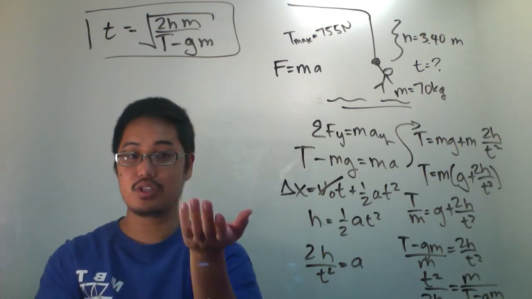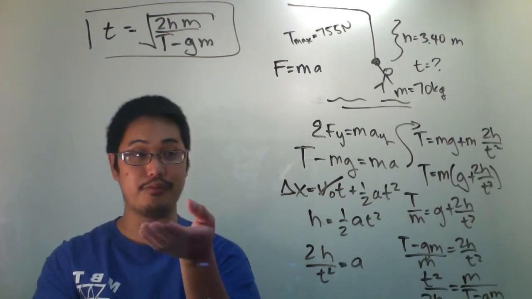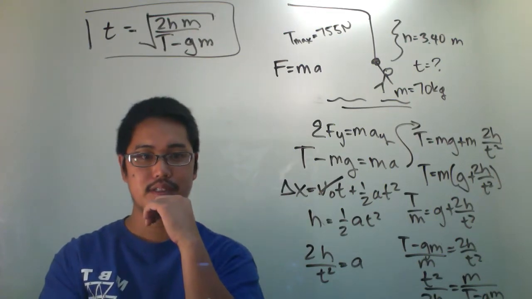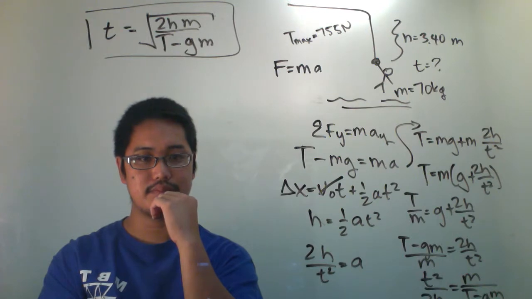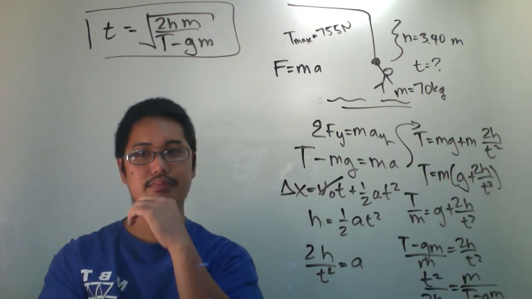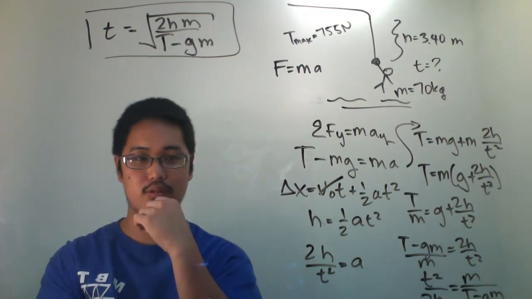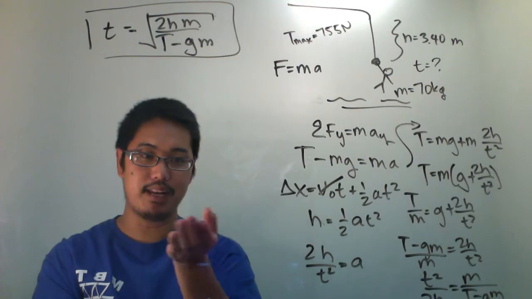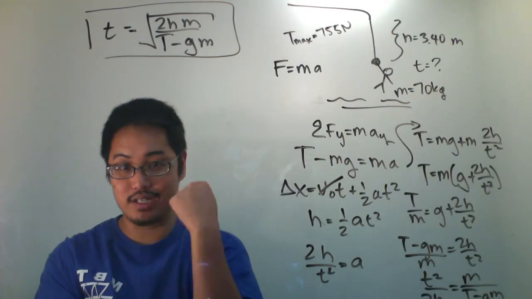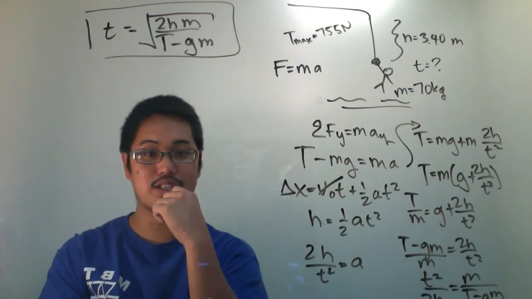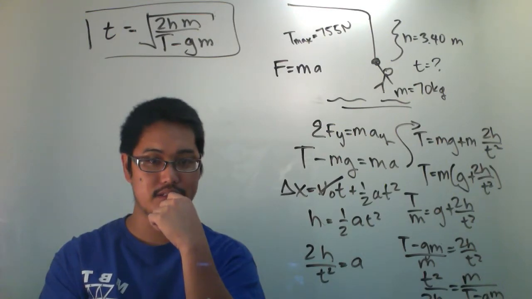Yeah. If I had a stronger cable, I could pull him faster, because I'm not depending on the fact that too much acceleration would break it. If I took one of the cables that's holding up the Golden Gate Bridge, I'd be less worried about breaking the cable, and I can just pull really fast, assuming I don't rip his arm out of the socket.